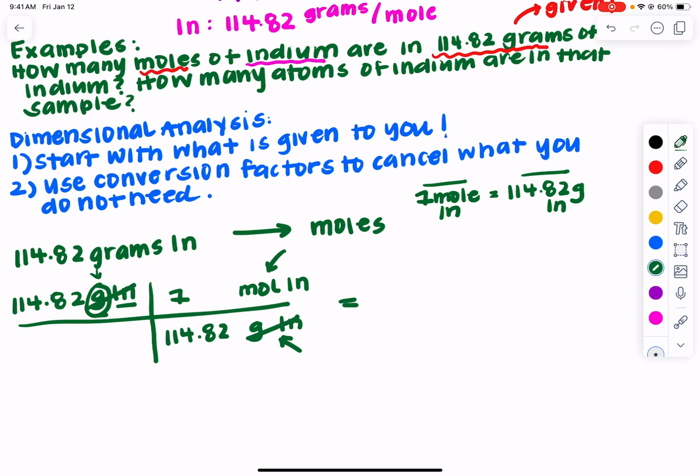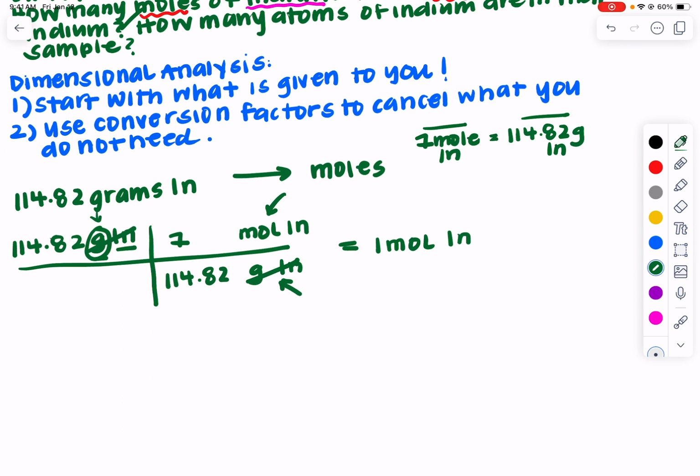And we shouldn't need a calculator for this because all we're doing is dividing 114.82 divided by 114.82, which gives us 1 mole. And that's exactly right. 1 mole of indium is equal to 114.82 grams. Now, we did the first part, so we have 1 mole.